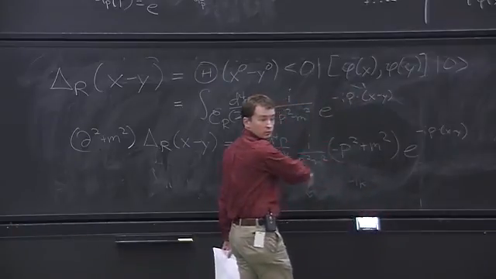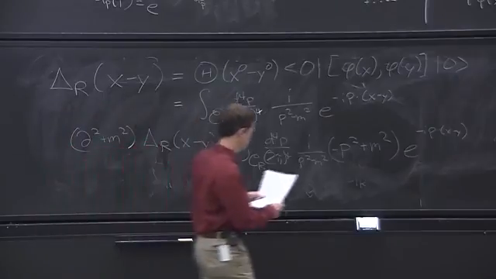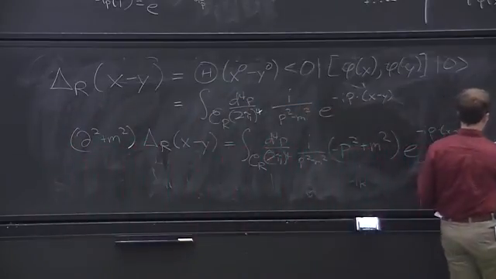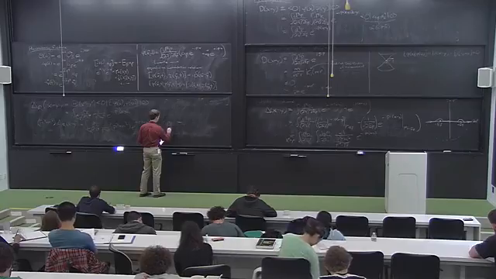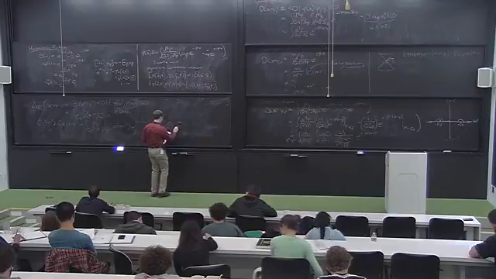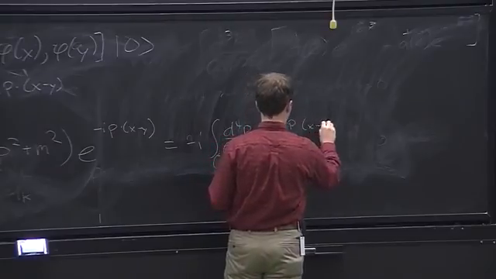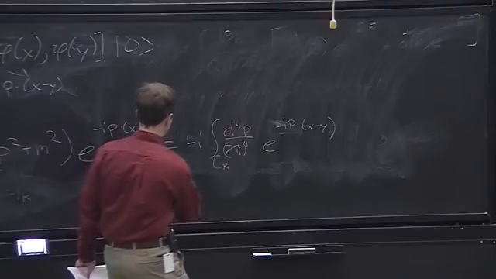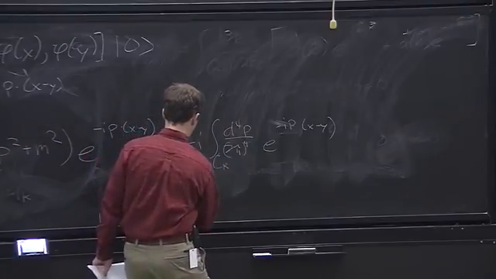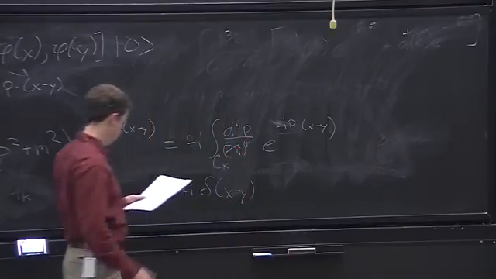These factors cancel. Well, that gives a minus sign. So this is equal to minus i, d^4p over 2 pi to the 4th, same contour, e to the minus ip dot (x minus y), which is just minus i delta(x minus y). Okay.